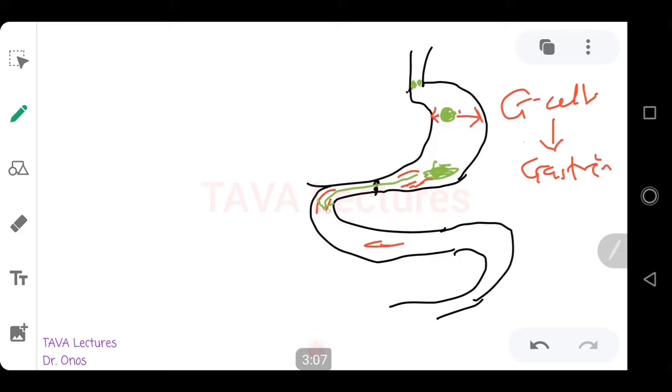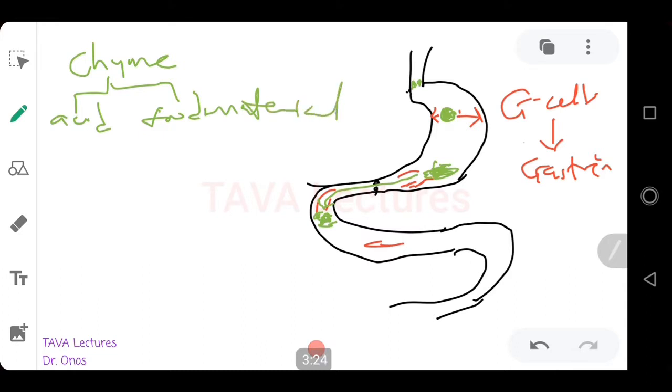Now, when chyme comes into the duodenum, there are certain cells that respond to chyme. Chyme has majorly two parts. So this is chyme. Chyme has the acid part, and then we have the food material part of chyme. The cells that respond to the acid part of chyme are called S cells.